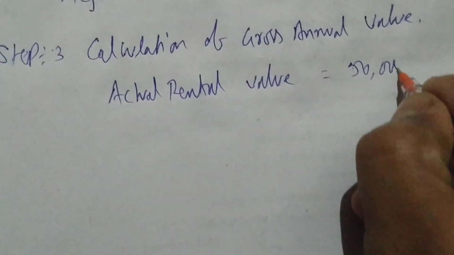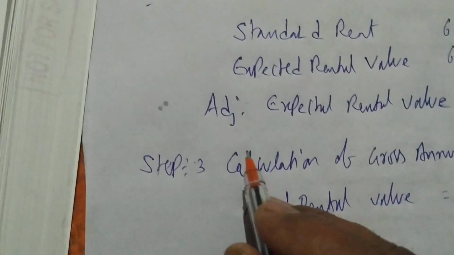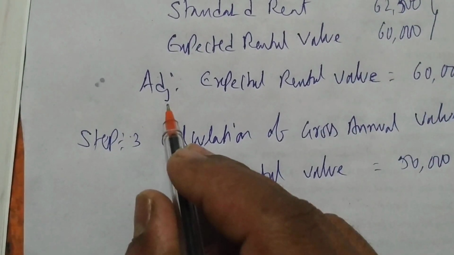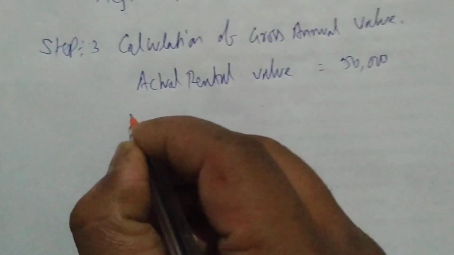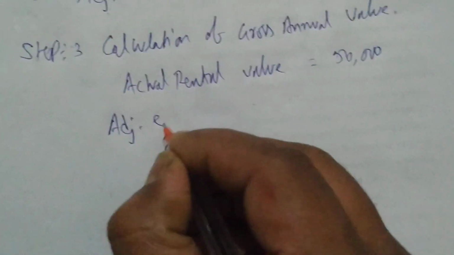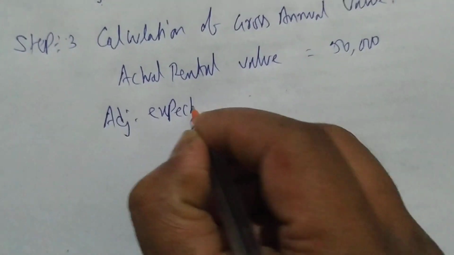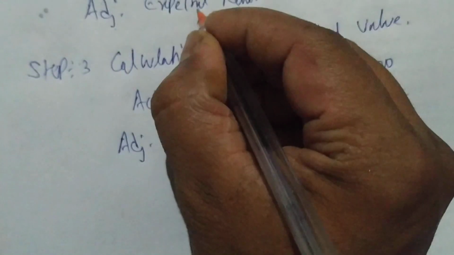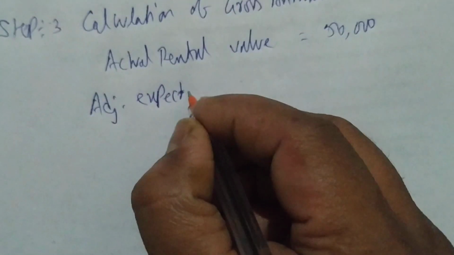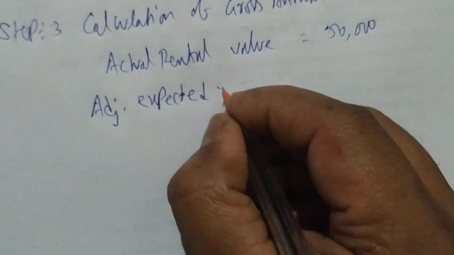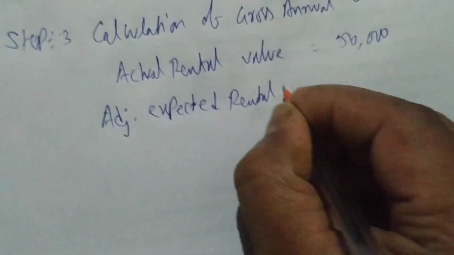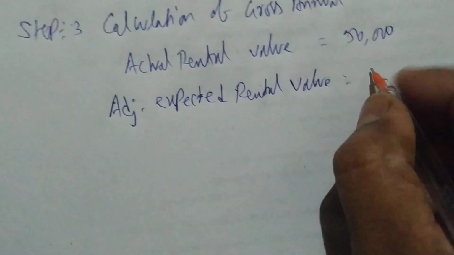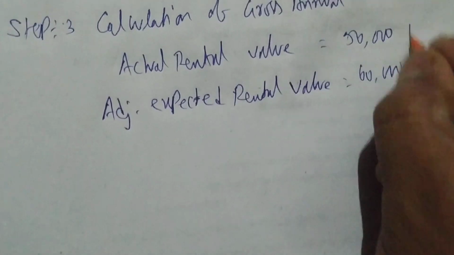Next we want the adjusted expected rental value, so we take the step 2 answer, which is 60,000.